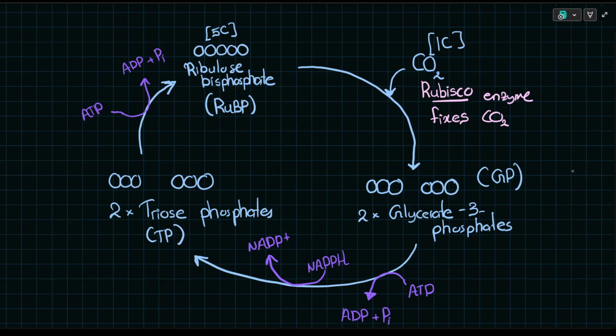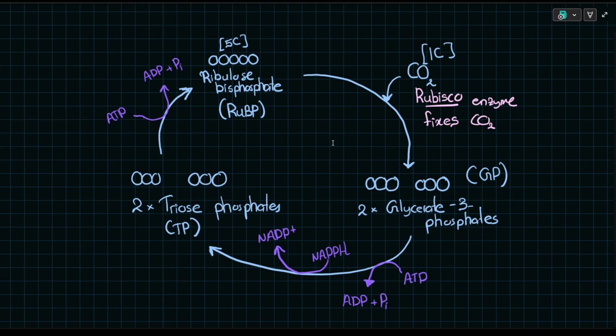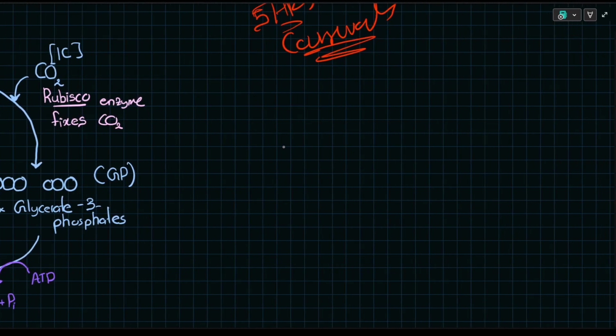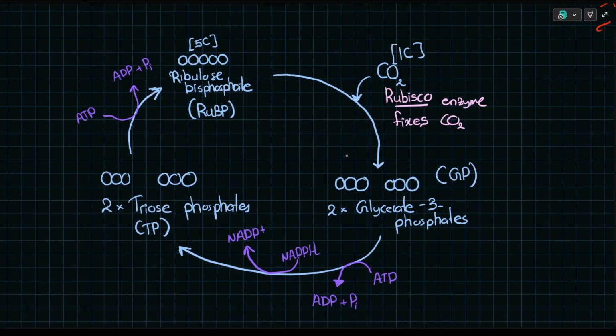So that is the basic outline. This is all the information that you need for the Calvin cycle. Now I would like to add some extra information so that you can answer certain pathway questions more easily.